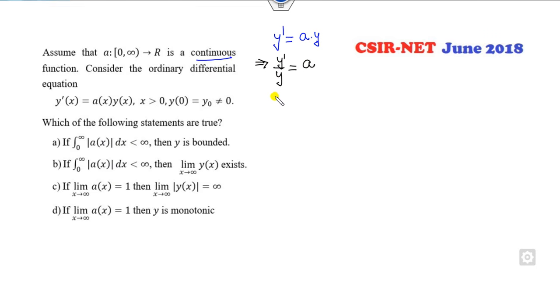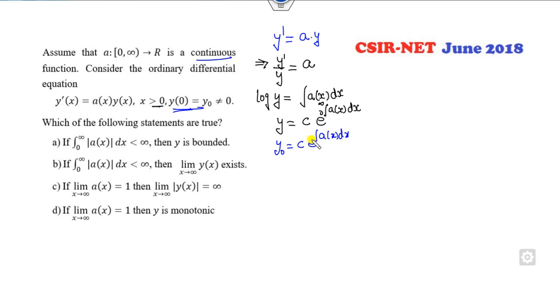So if I integrate them, log of y is the integral of a(x) dx, or y is c times e to the power integral of a(x) dx. Limits are from 0 to infinity, fine, and y(0) is y0, so I can find the value of c.